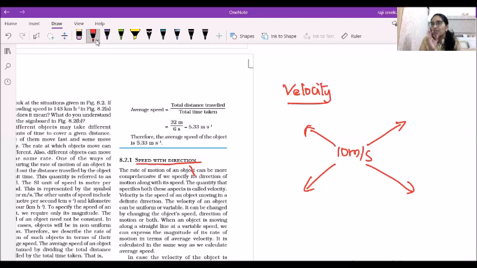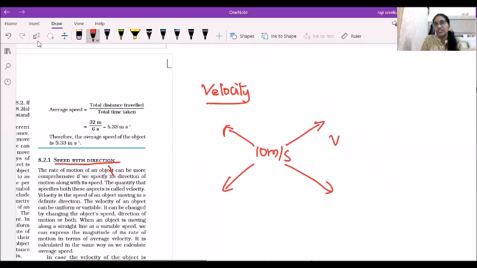So it is something similar to displacement. Speed is distance divided by time, but velocity is displacement divided by time. Why displacement?